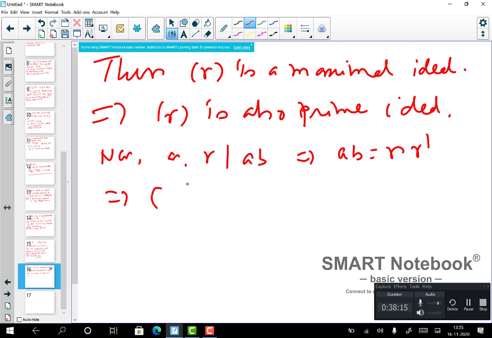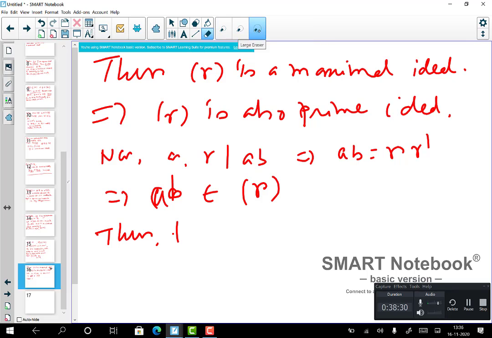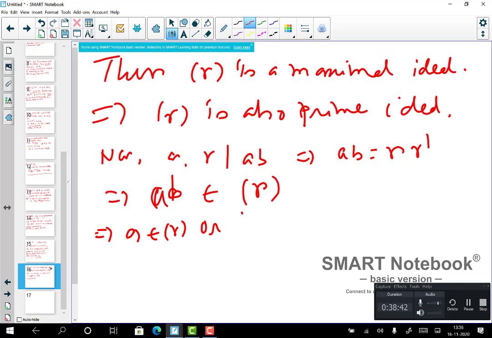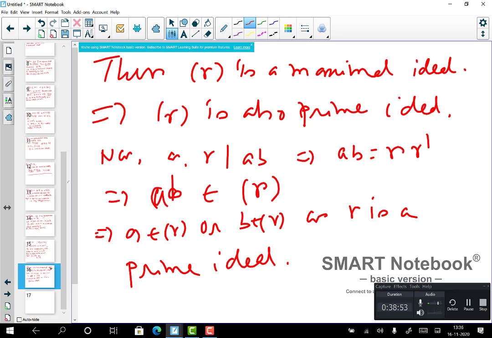So this implies AB, the element A times B, is an element of the ideal generated by R. And now because R is a prime ideal, this implies A belongs to the ideal generated by R or B belongs to it. Yeah, this is the proof. So we just proved that.